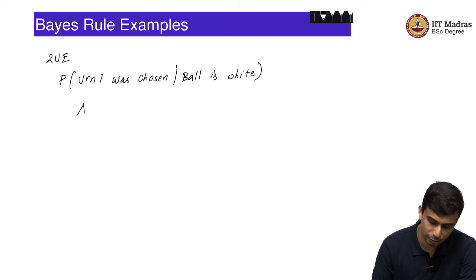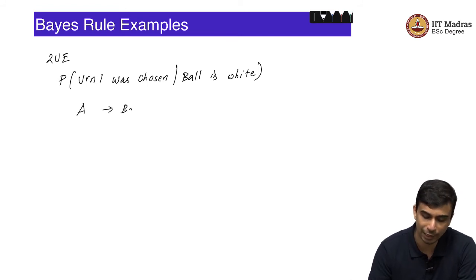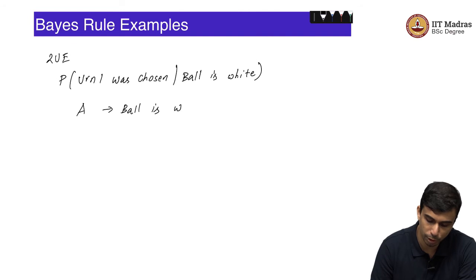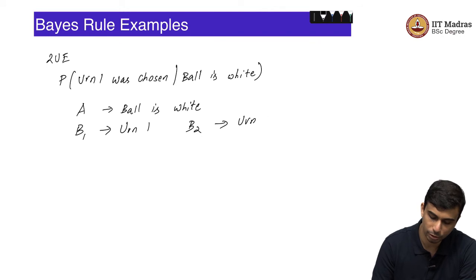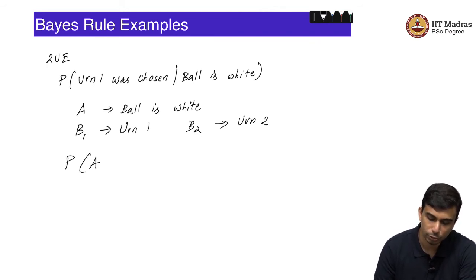Let's use the same notation that we had earlier: A corresponds to the ball is white, B1 corresponds to the first urn is chosen, and B2 corresponds to urn 2 is chosen. So what do we want?